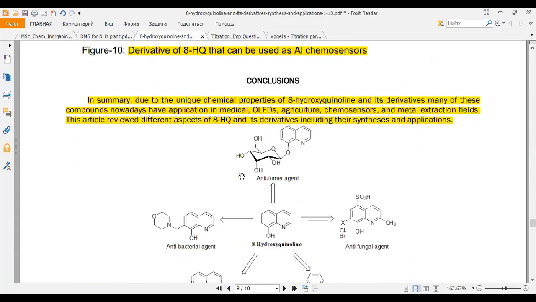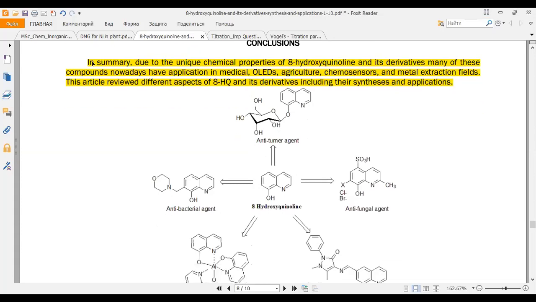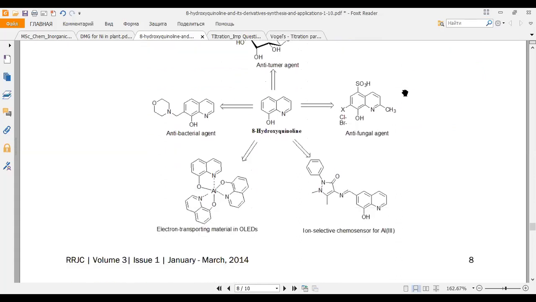So in conclusion, due to the unique chemical properties of hydroxyquinoline and its derivatives, many of these compounds nowadays have applications in medicine, as you have seen in antifungal, antibacterial properties, OLEDs, agriculture, chemosensors, and metal extraction. So this article reviewed different aspects of 8HQ and its derivatives, including their synthesis and application.